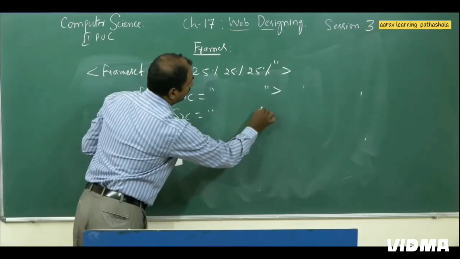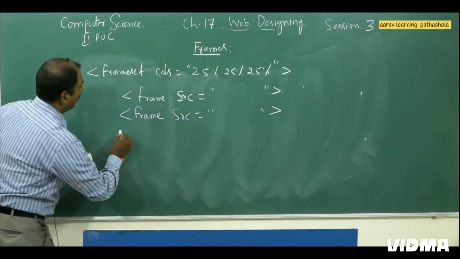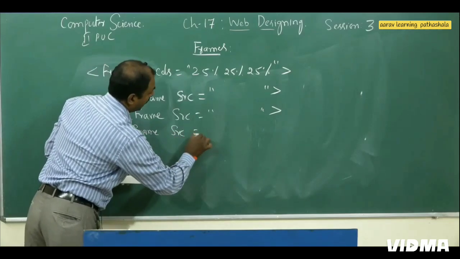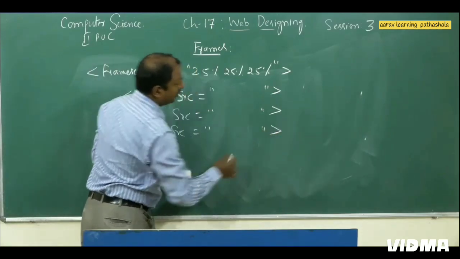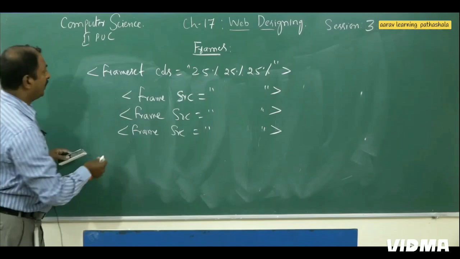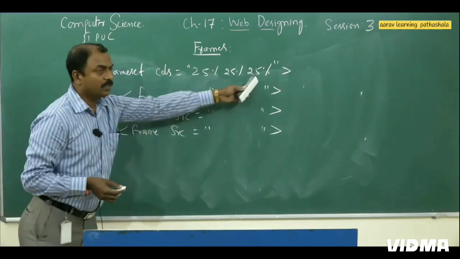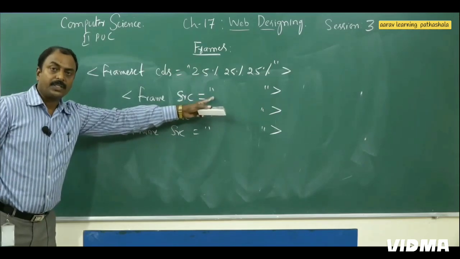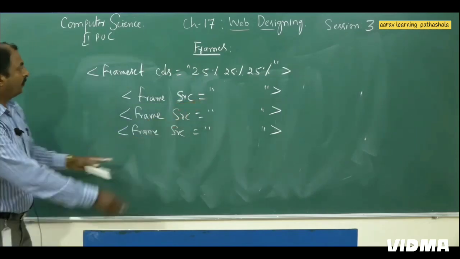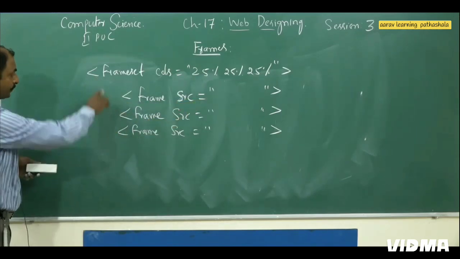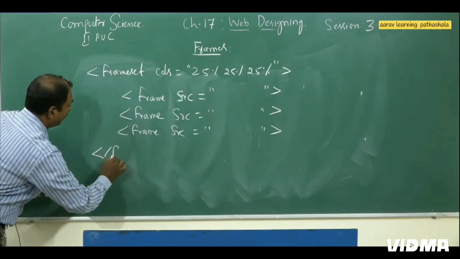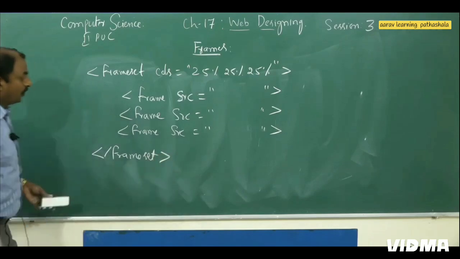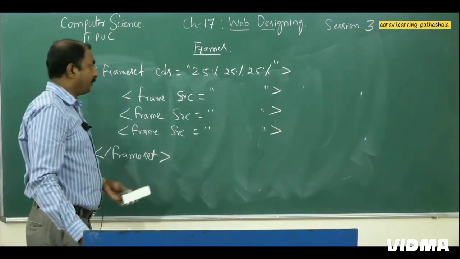SRC equals for one section, a frame SRC equals for another section, and so on. We have given each column a particular application or individual program. Now we have to close this with the frameset tag.